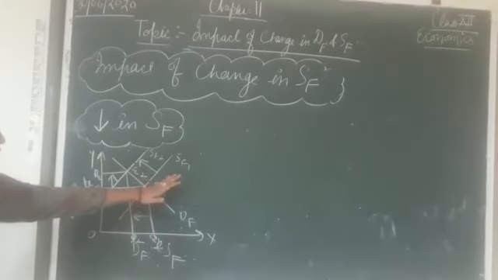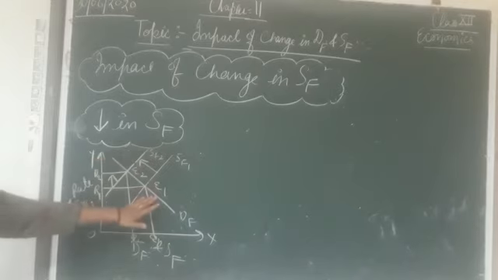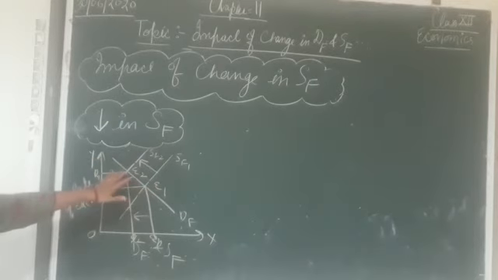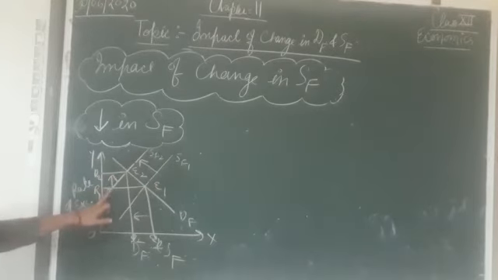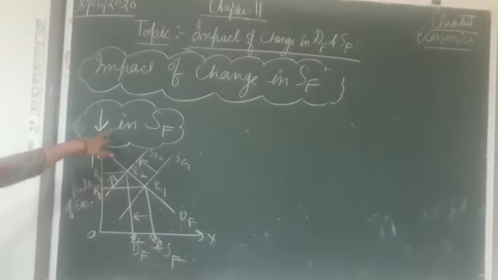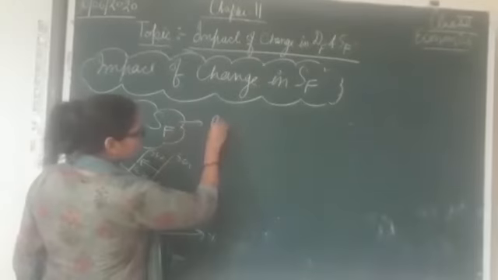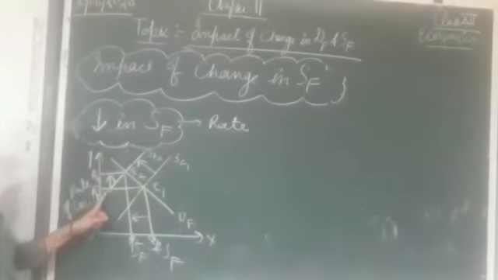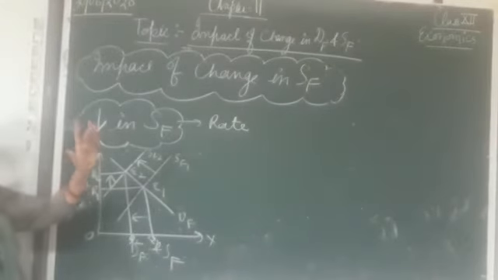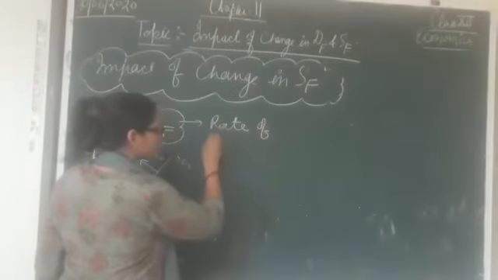Clear? If the supply decreases, then the curve will shift backward. Equilibrium point also shifts from E1 to E2 and the rate increases from R1 to R2. Clear? So if the supply of foreign exchange decreases, then the rate of exchange increases, an opposite relation.